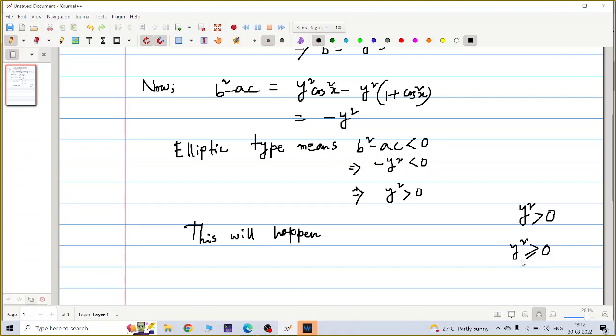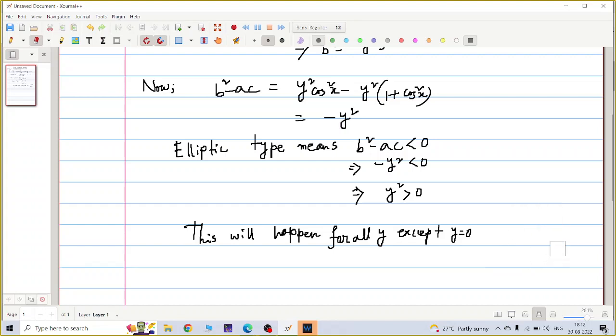Sir, it should be greater than 0. So y can take all values except 0. This will happen for all y except y equal to 0. That means the x-axis.